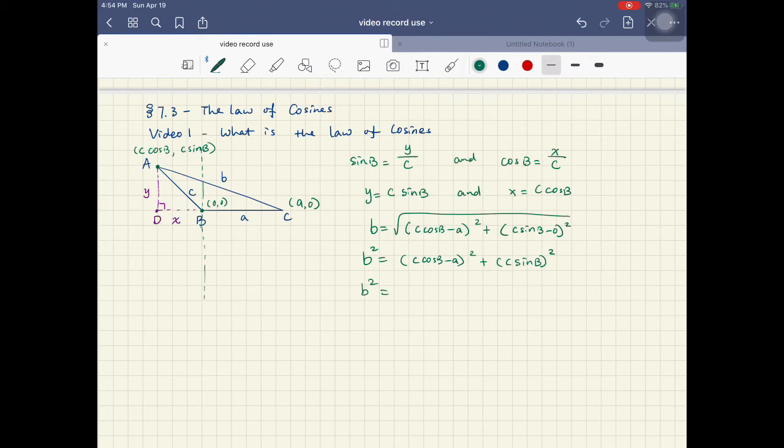Expanding the squares, we get C squared cosine squared of B minus 2AC cosine of B plus A squared plus C squared sine squared of B. Here, C squared cosine squared of B and C squared sine squared of B can become C squared times the quantity cosine squared of B plus sine squared of B, which becomes 1.